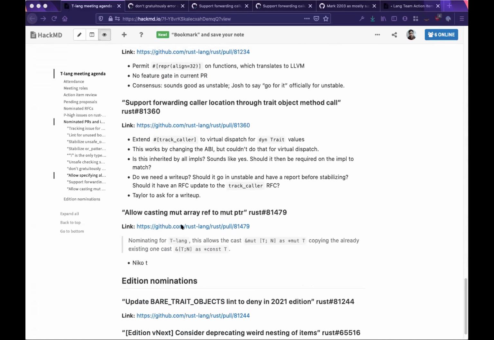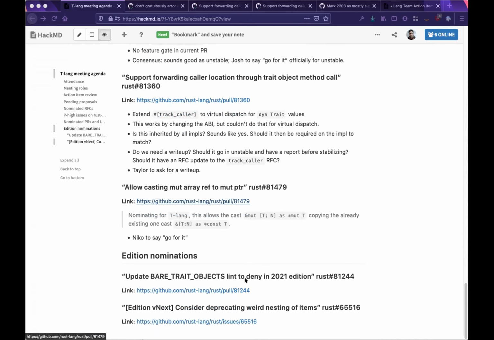Okay, so I wanted to bring up some edition stuff. I didn't find all the things nominated, probably because I never got around to nominating all of them. But we are trying to assemble a list of the items that might go into a 2021 edition.